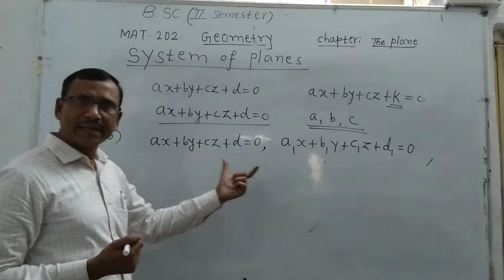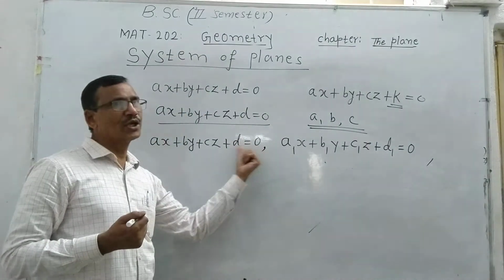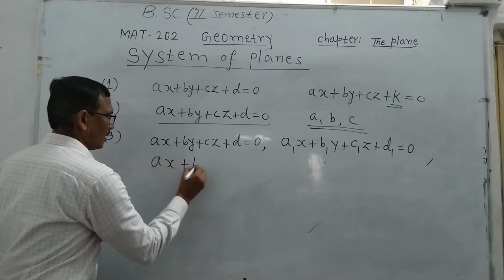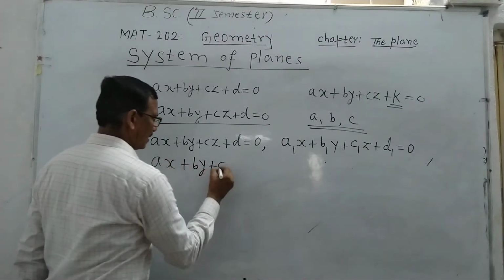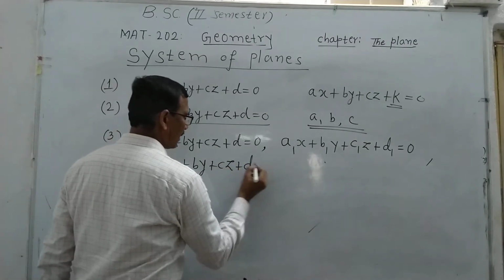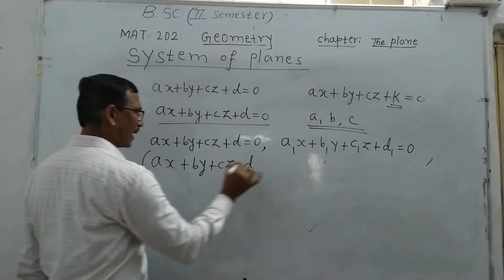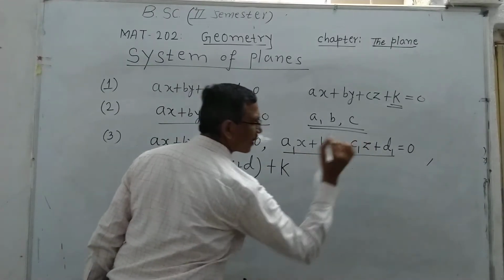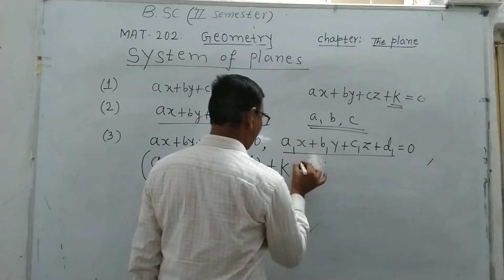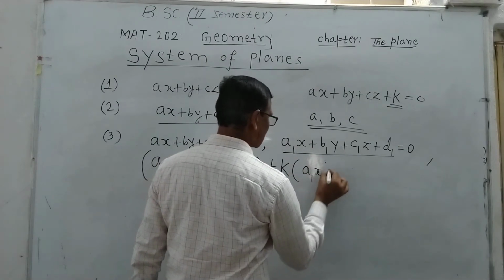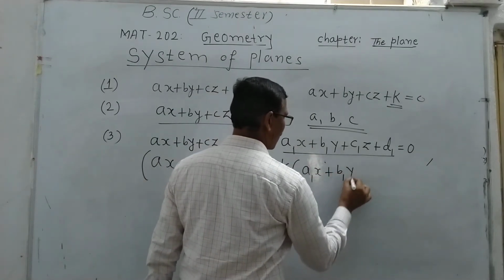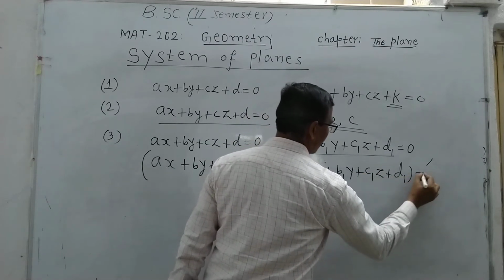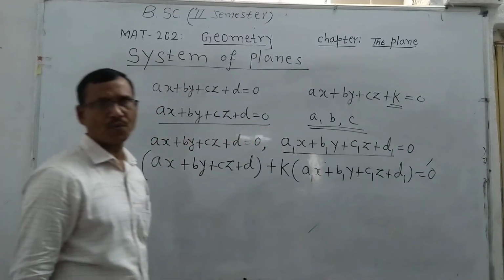The equation of the plane through the line of intersection of these two planes is given by (ax plus by plus cz plus d) plus k into (a1x plus b1y plus c1z plus d1) equal to 0.